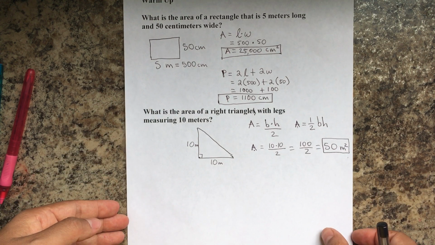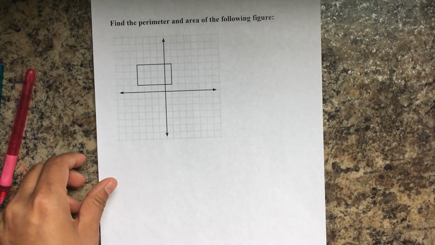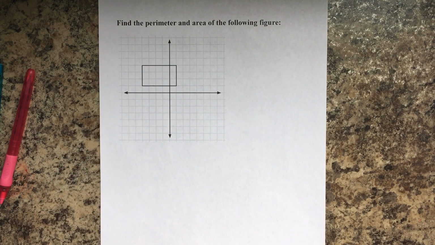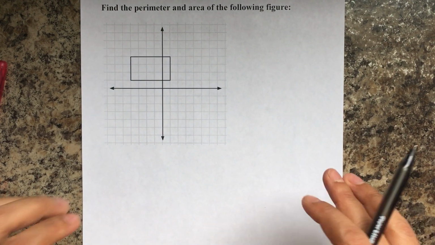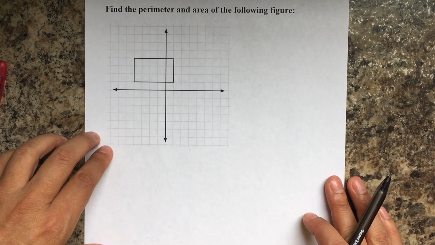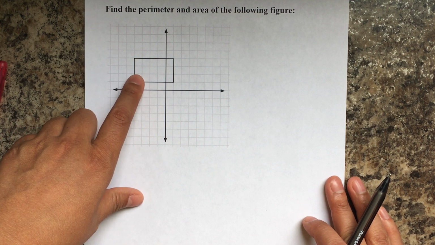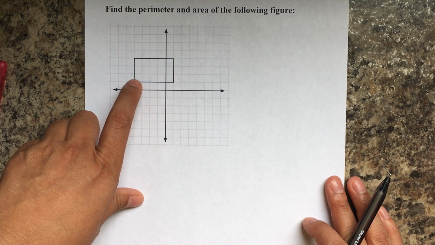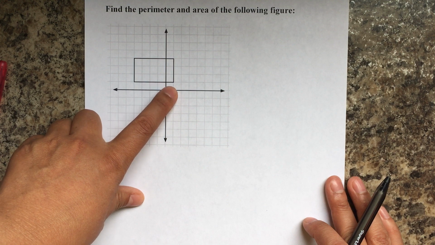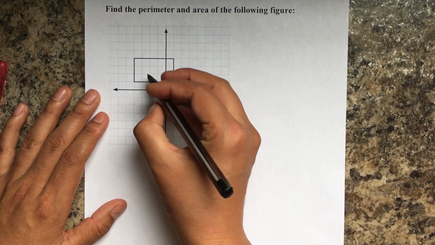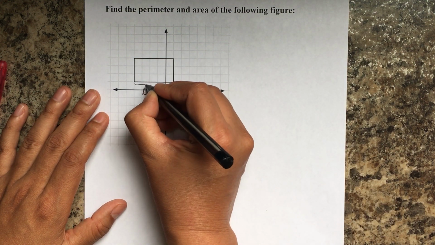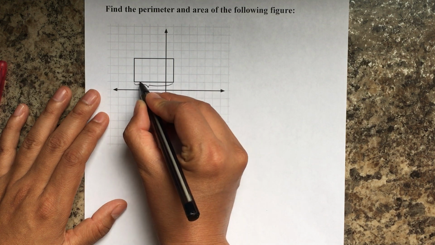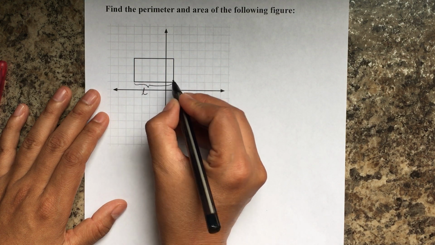Okay, so now we're going to be looking at figures, but this time they're going to be on a grid. And this is very simple, right? Because you can just count the squares and you will know what the length is. So the length in here is, well, 1, 2, 3, 4, 5.